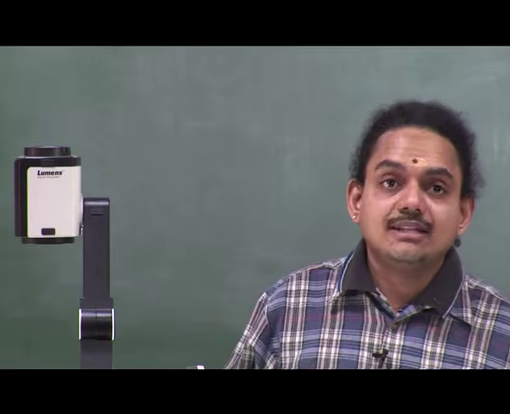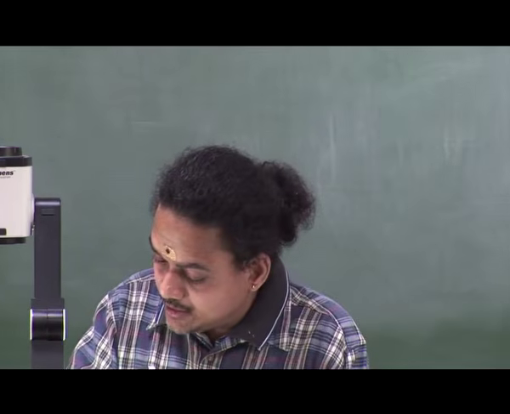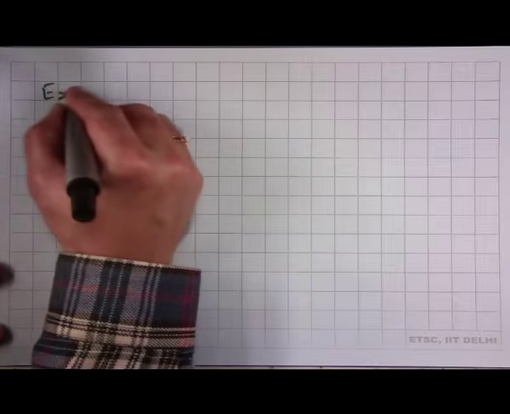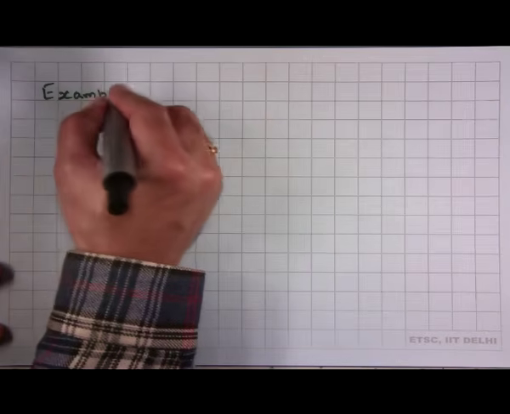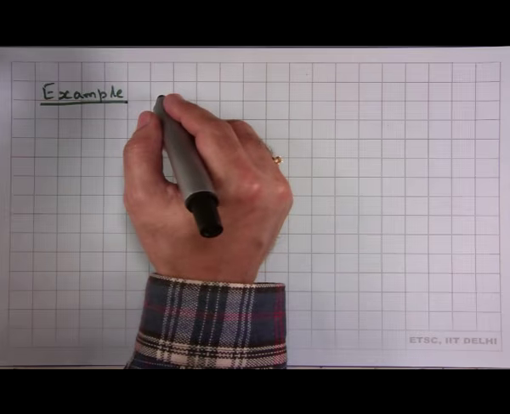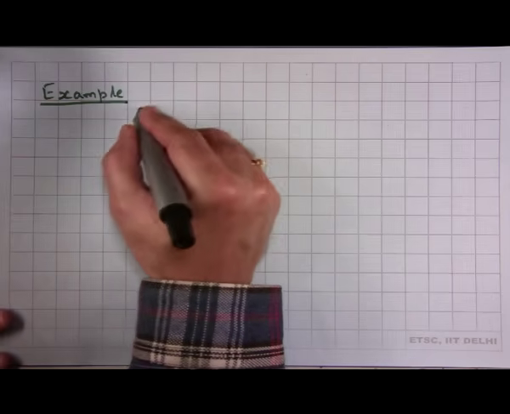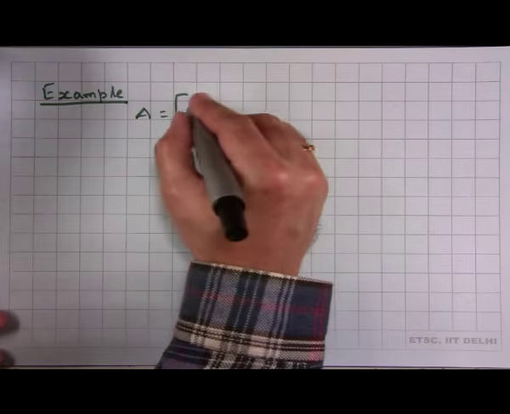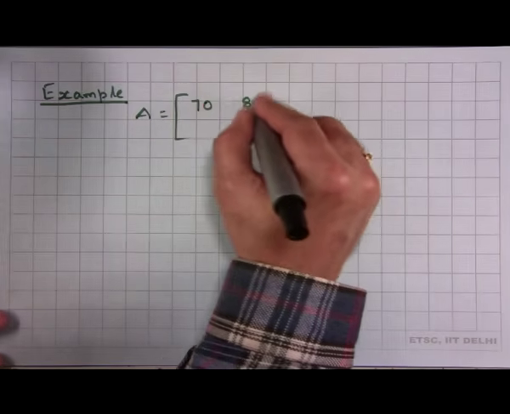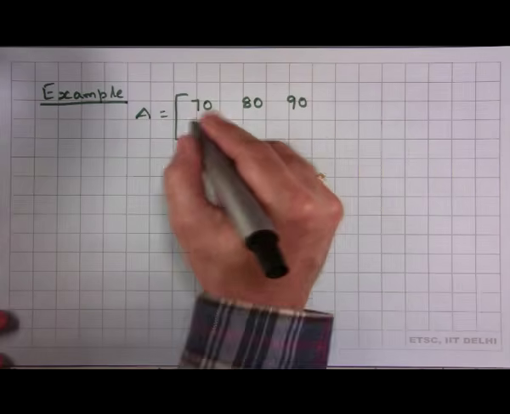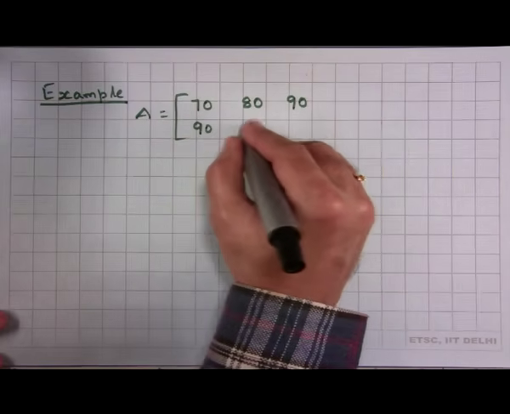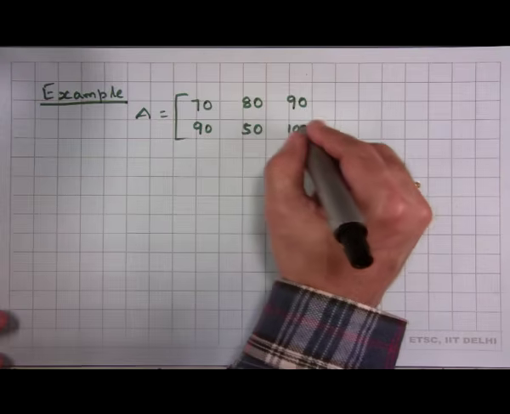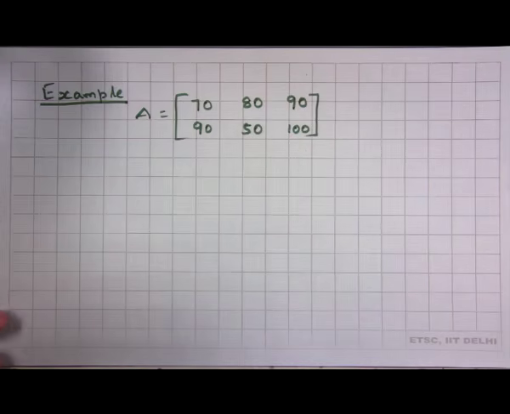Now, let us do some examples. Let us begin with the first example that we started with. In the first example, we had an array. The matrix that we had is A, which is 70, 80, 90, 90, 50 and 100. This is the matrix that we had initially.